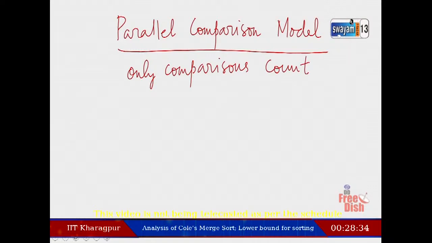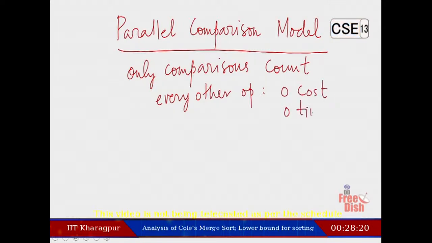What we assume is that apart from comparisons of the key values involved, every other operation has zero cost and takes zero time. This is a simplification that we make for devising lower bounds.